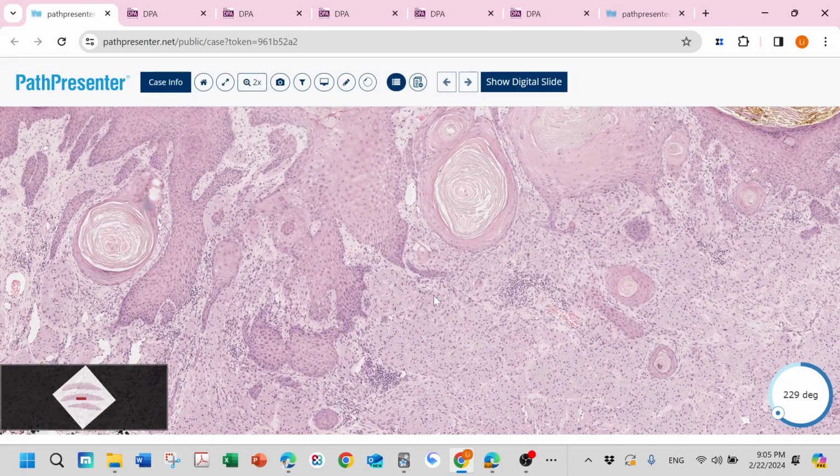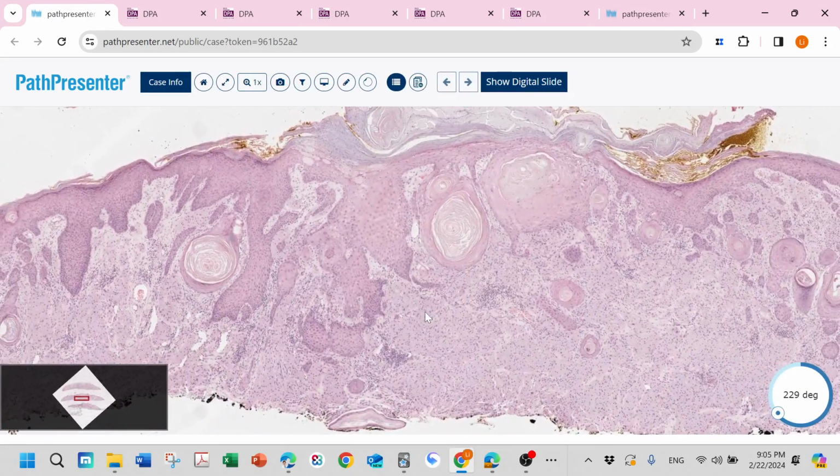When you see something not like normal dermis, you need to figure out whether this is a granular cell tumor. Usually, granular cell tumor is positive for S100 and SOX10.